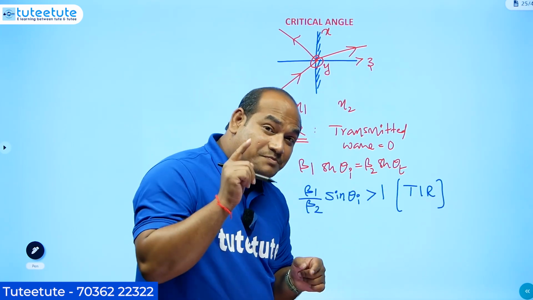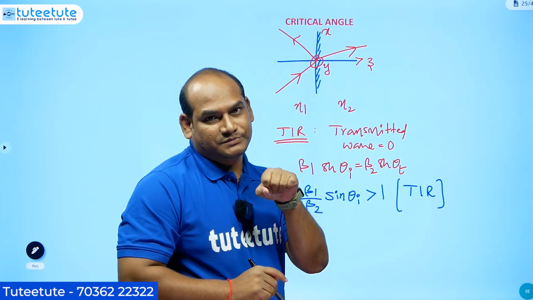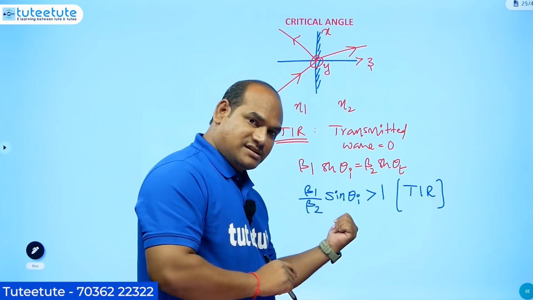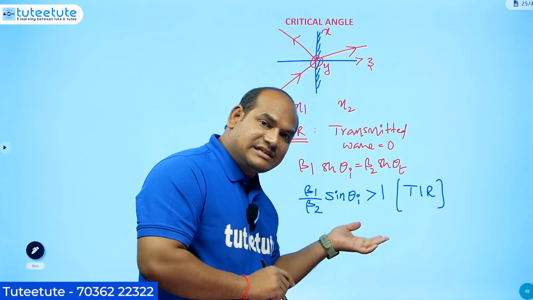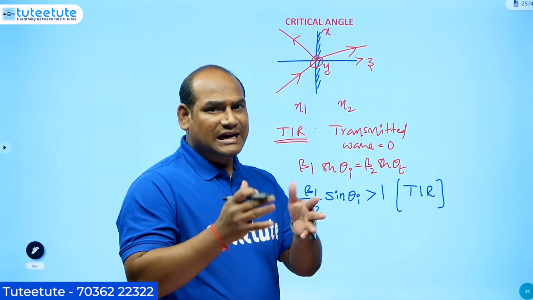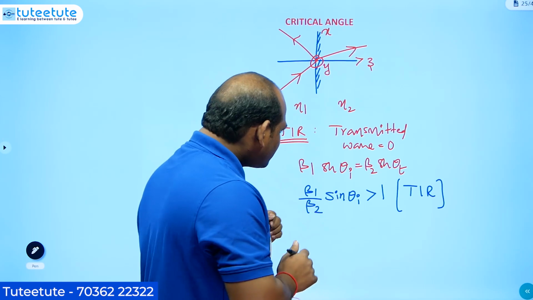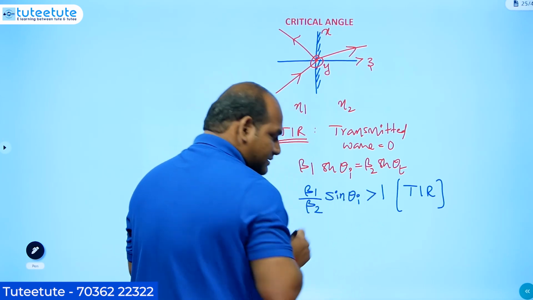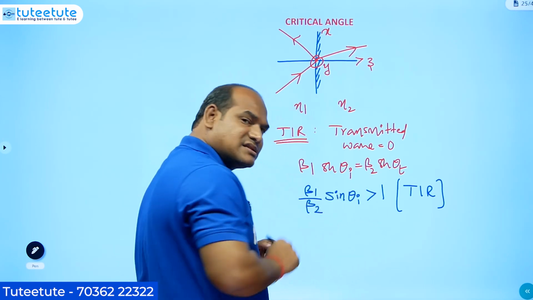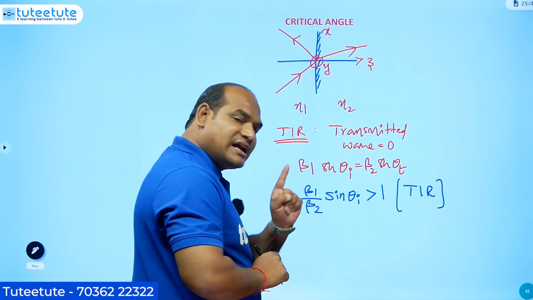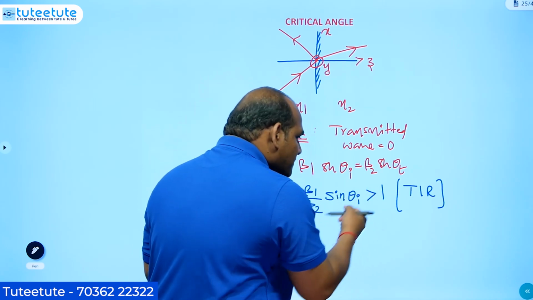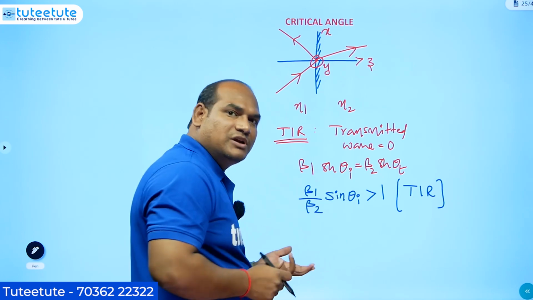But we did not specify a single angle of incidence from which this total internal reflection is possible. If you observe here, it is greater than. If it were an equal symbol, then we could tell one angle. But greater than 1 means many angles are possible here.